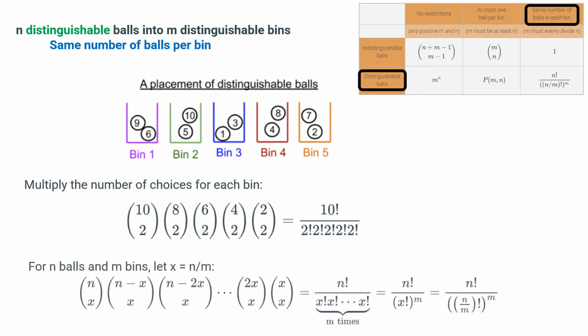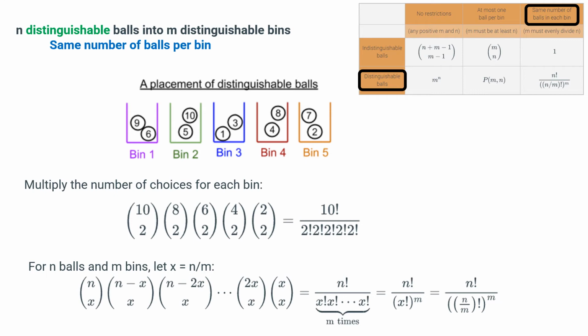So now let's look at this formula down here, at the very bottom. This shows just in general what it looks like. But if you take a look at the very far right, let's compare that to what we got with 10 balls and 5 bins.